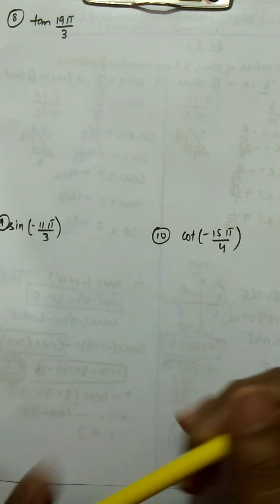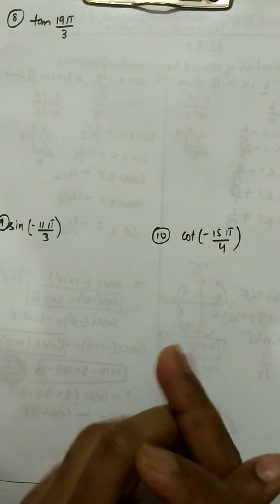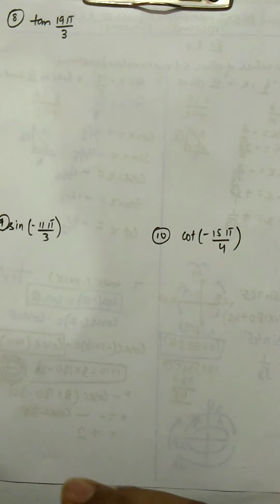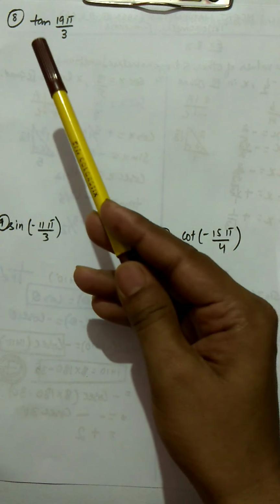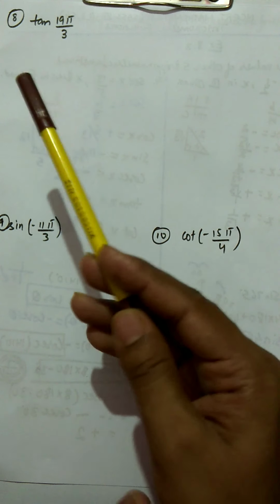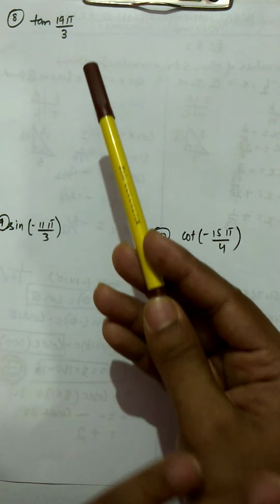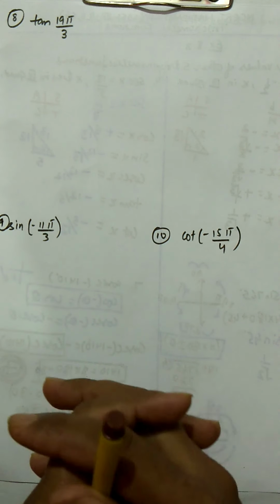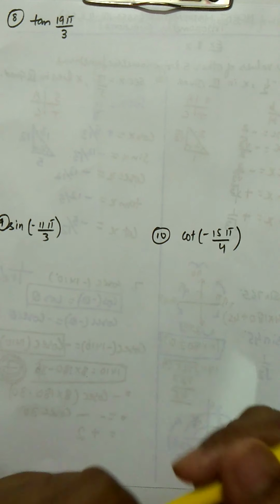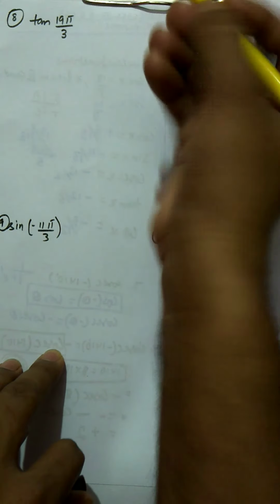Now we will find the value of tan 19 pi by 3. So now we have two ways of doing this. Some of you can convert this angle into degrees. So simply you put pi as 180. So 19 into 180 upon 3, you can do, and simplify this way also. So I'm doing that way first.